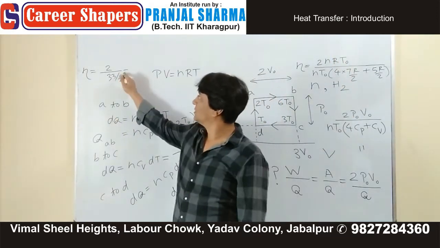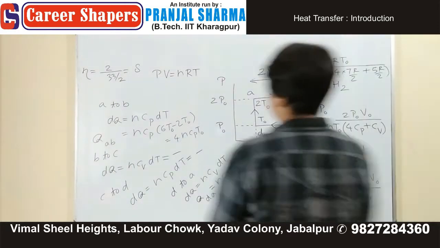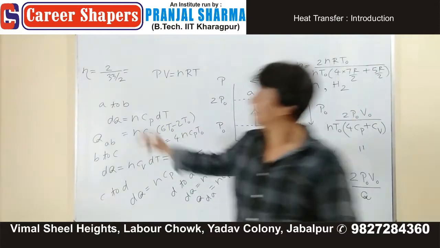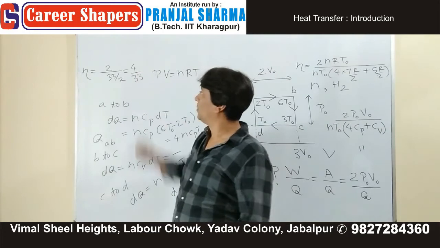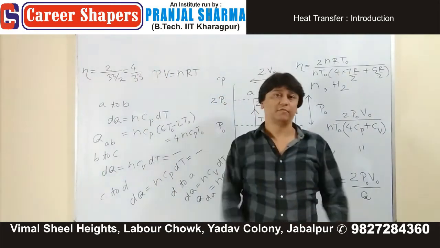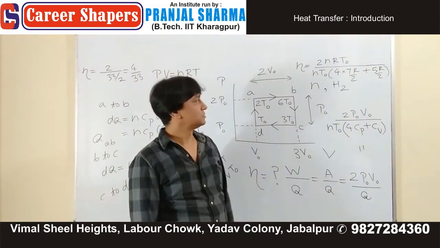Which is 4 upon 33. Four upon 33. That's the efficiency of this cyclic process.